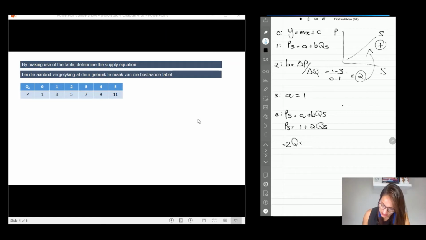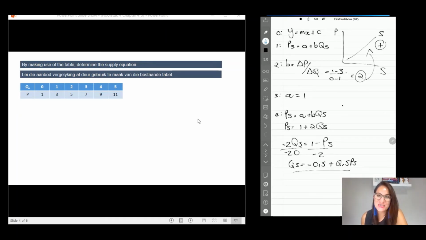So let's do that. Minus PS divided by minus 2 to get your QS alone. 1 divided by minus 2 is minus 0,5. A minus divided by a minus is a plus 0,5 PS. And that is your supply equation.